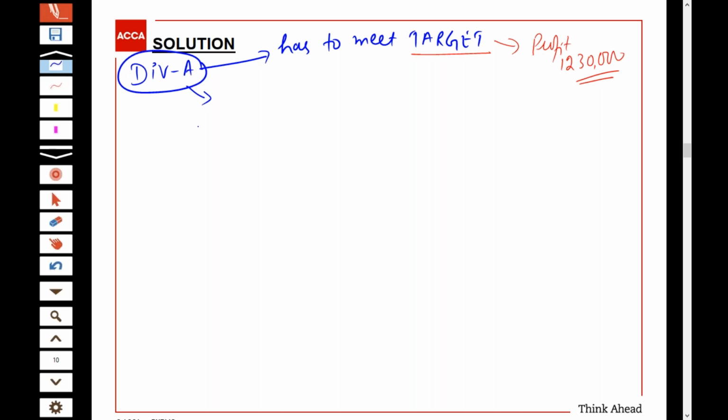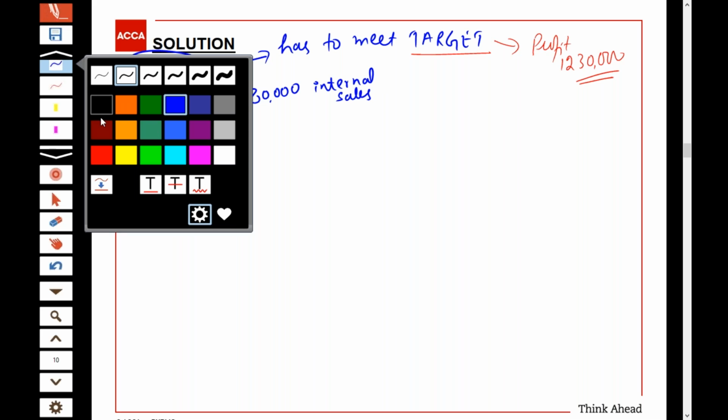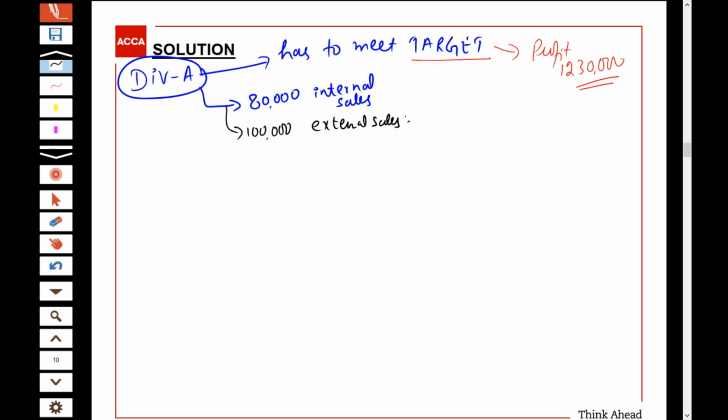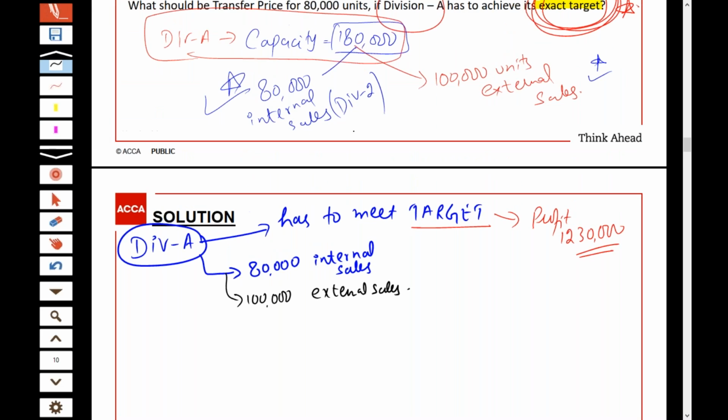What will division A be doing? Sir, it is making 80,000 internal sales, that means to its own division, and 100,000 to external sales, which I had already mentioned here as well.